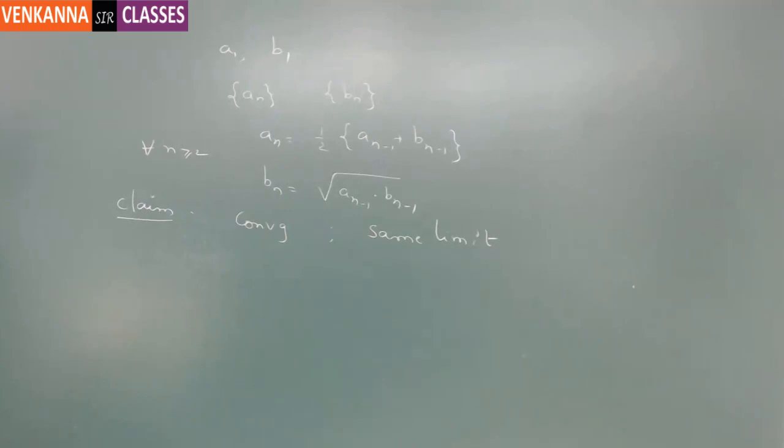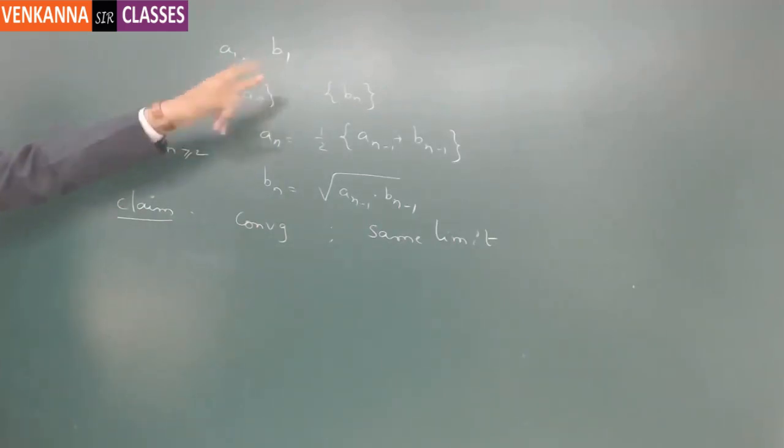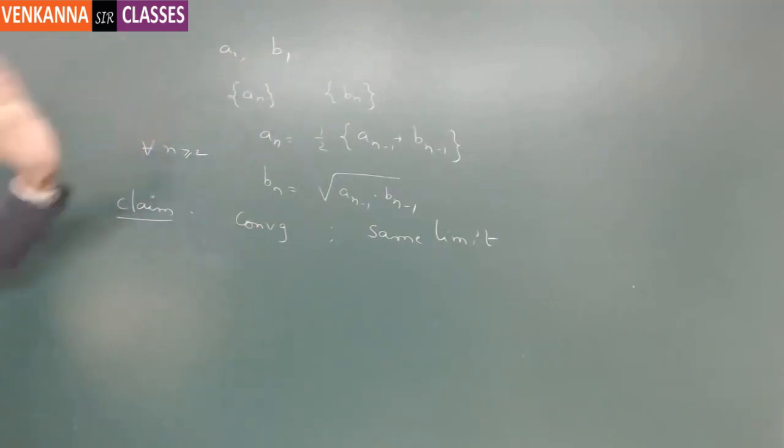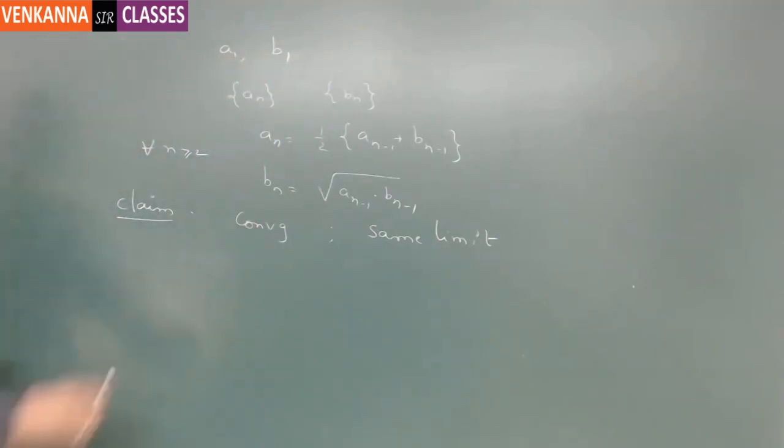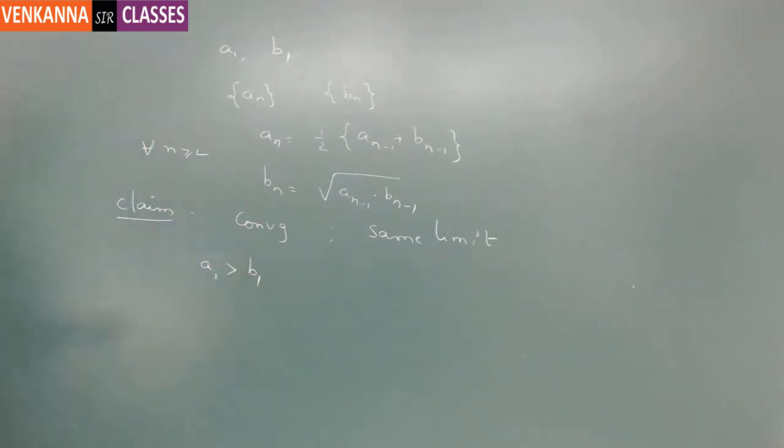Yeah. Now we are applying the technique of monotone convergence theorem here. So on the whole, what we are doing is, since I can take any two distinct numbers a1, b1, we don't know which is big and which is small. So let us assume that a1 is greater than b1, because he didn't mention that this is small and this is big.